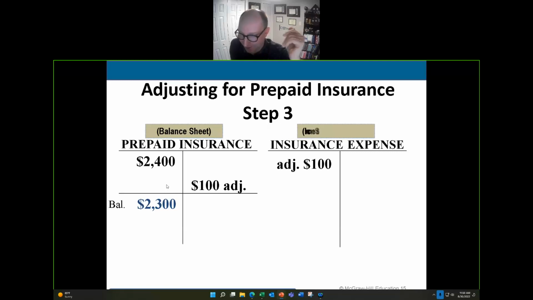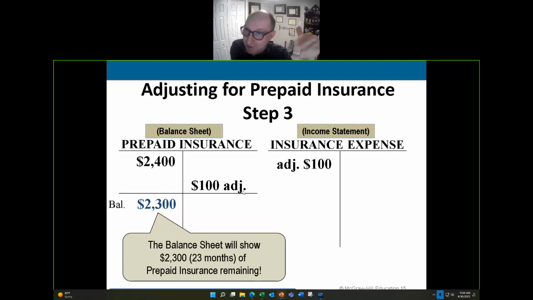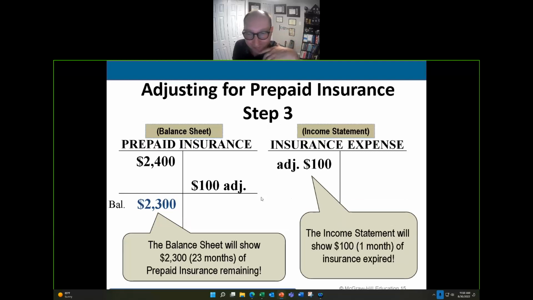So we see that the balance will continually go down every month by $100 until it reaches zero. When it reaches zero, we have to either renew our insurance and do the whole thing again. But yeah, this shows the consumption. That's what adjusting journal entries do for us, they represent the consumption of something.